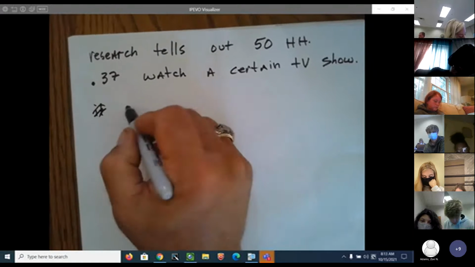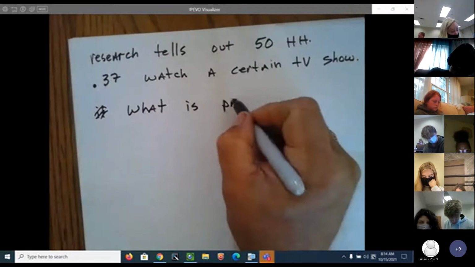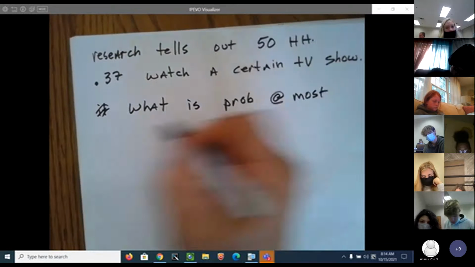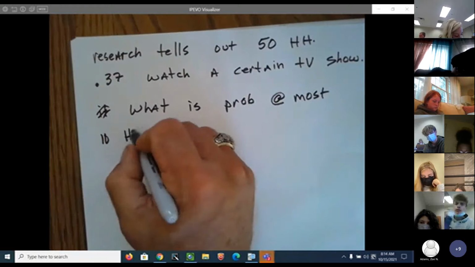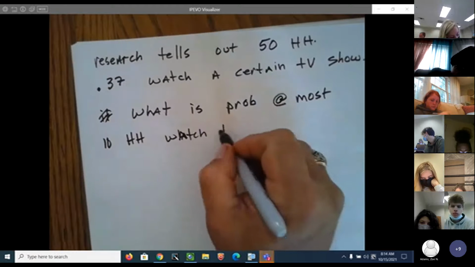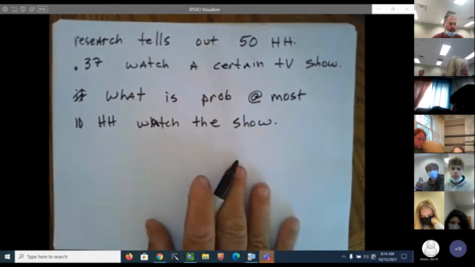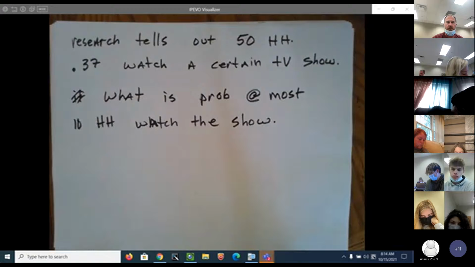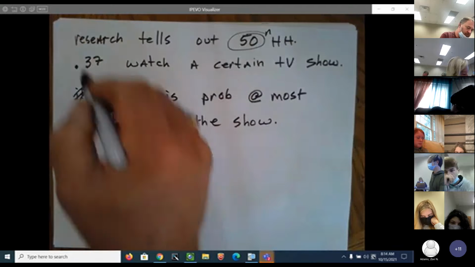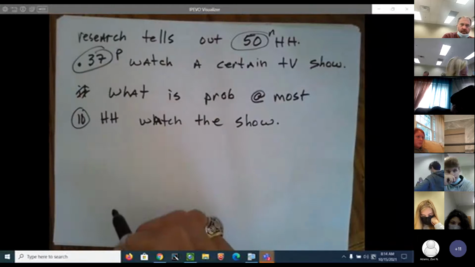What is the probability at most 10 households watch the show? Okay, I'm not going into all kind of details, but this is how it's going to be written. Here is the trials, that's N. Here is the probability, that's P. And here is the X.